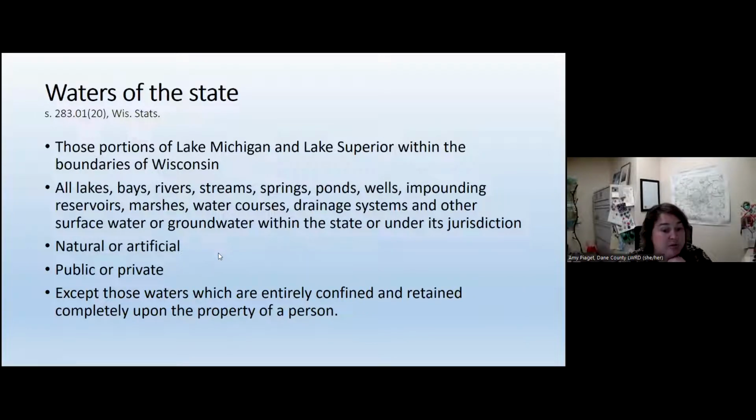They can be public or private, except for those cases where they're entirely confined or retained on the property of a person. The best example that I've ever seen of one of those, and I don't have a picture of it, is some folks who constructed a pond on their property, and it is filled not through surface water runoff or natural groundwater, but they have a well that they use to fill the pond, and it only gets water because of that.